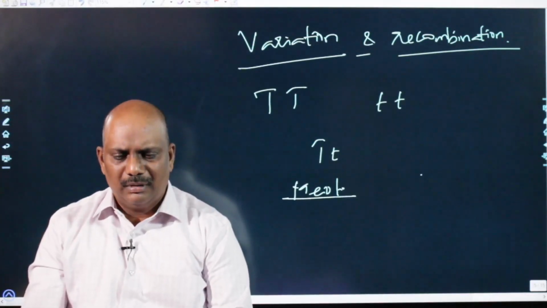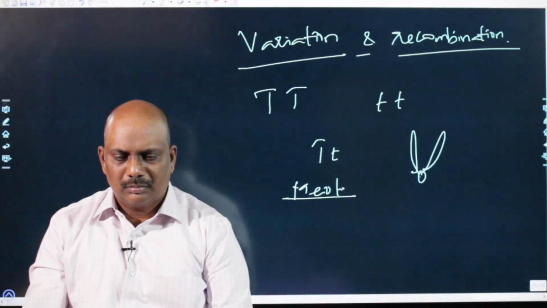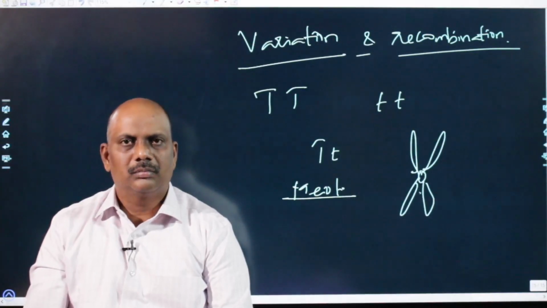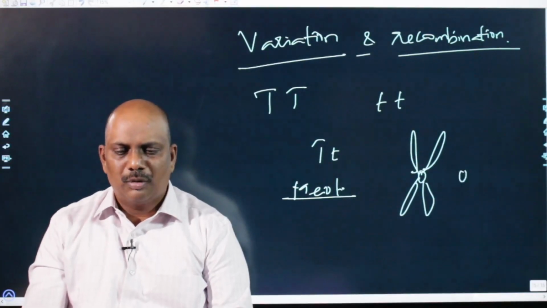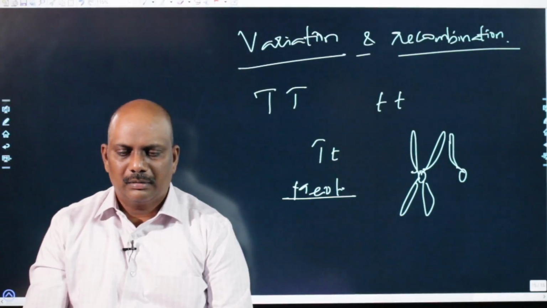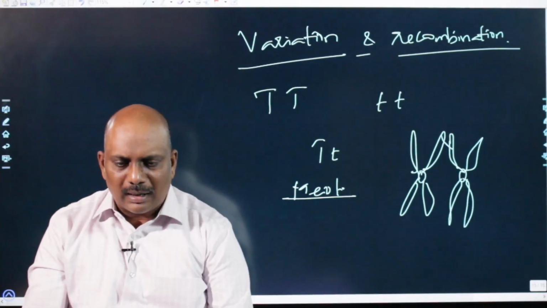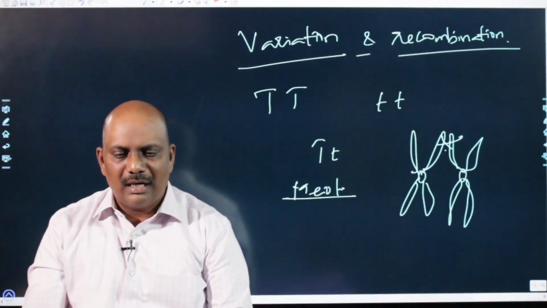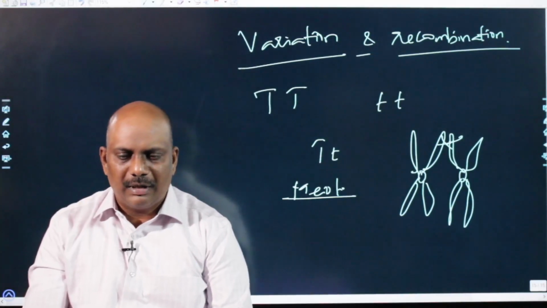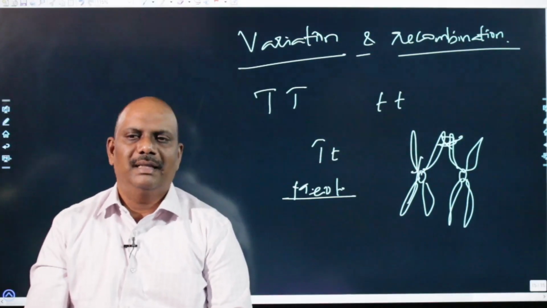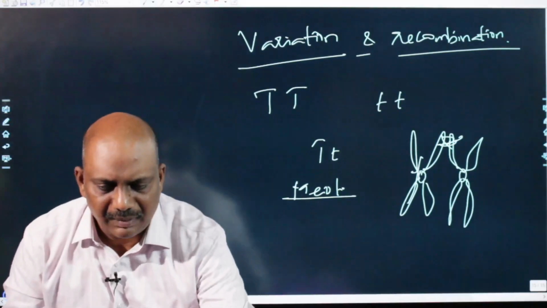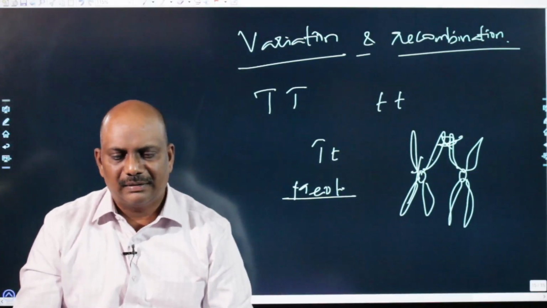For example, this is one chromosome. There is one more chromosome lying nearby. Sometimes what happens, these arms may overlap. As a result, this portion of the chromosome may come here and this portion may go there when the cells divide.